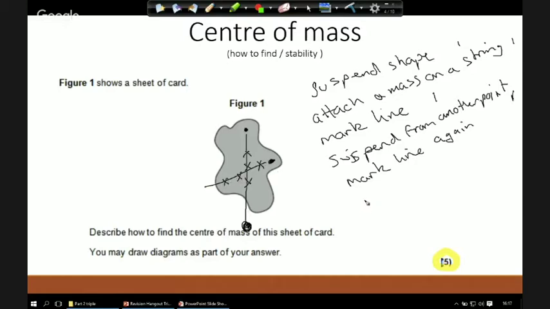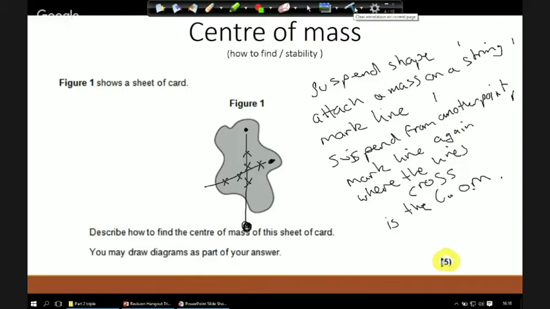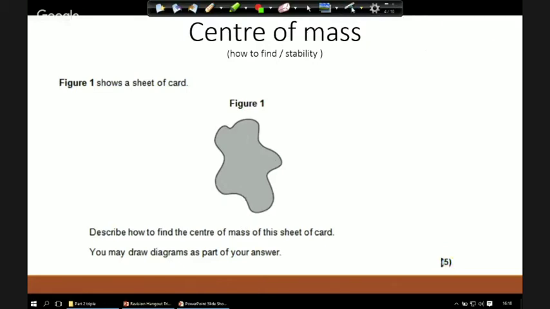And the last mark is for saying that where the lines cross is the centre of mass, so I'll just shorten that to COM. So, suspend the shape, attach a mass on a string, mark the line, suspend it from another point, mark the line again, where the lines cross is the centre of mass. Nice and straightforward. Let's hope that one comes up in the exam.